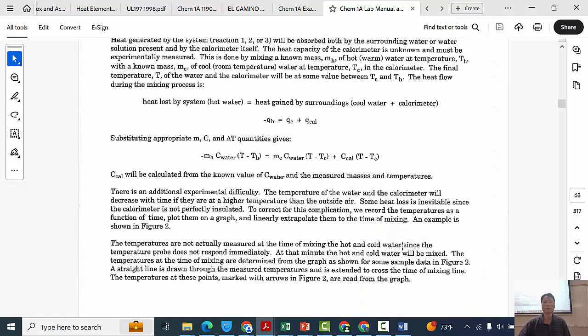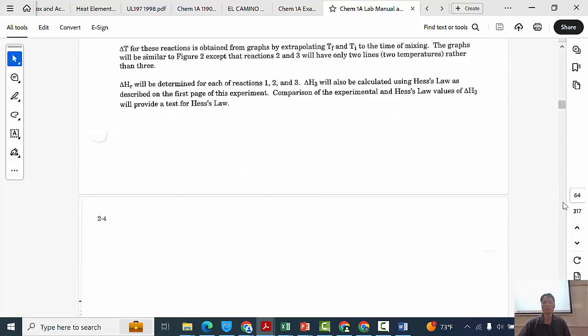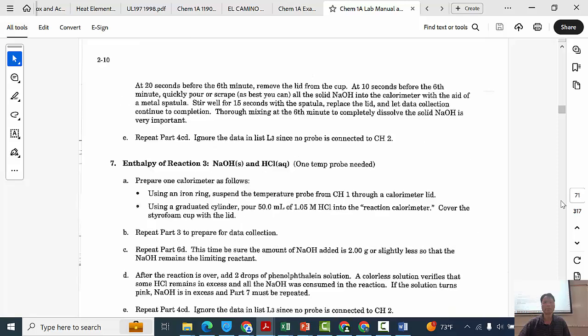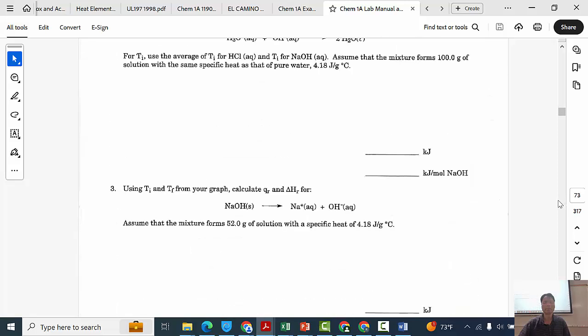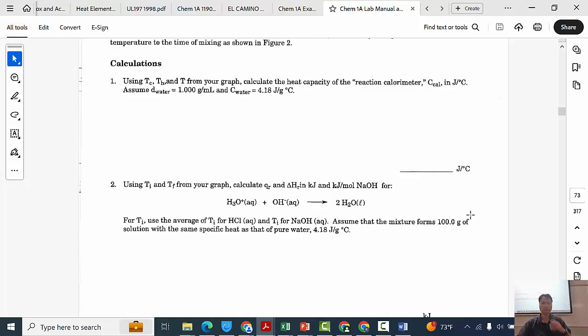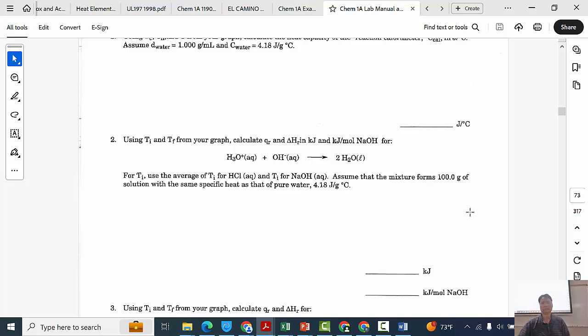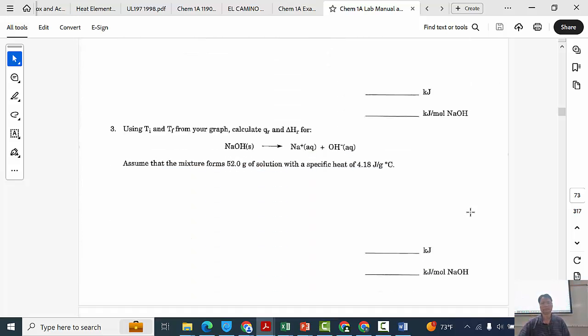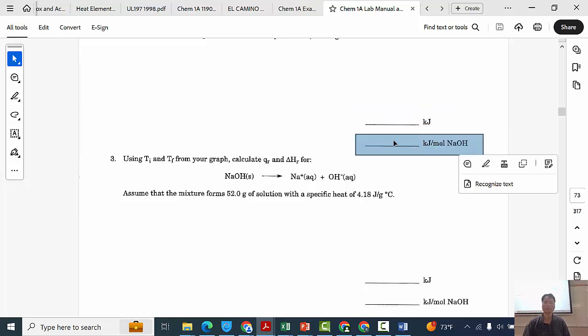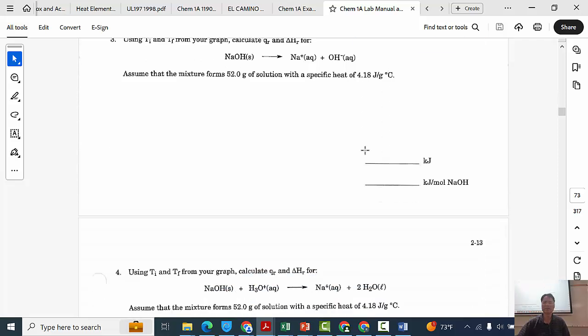Let's see what we're after in this particular experiment. So this kilojoules here is just Q, and then we just divide it by the amount. In this case, the amount in moles. I thought we were going to do grams, but it looks like we're not.